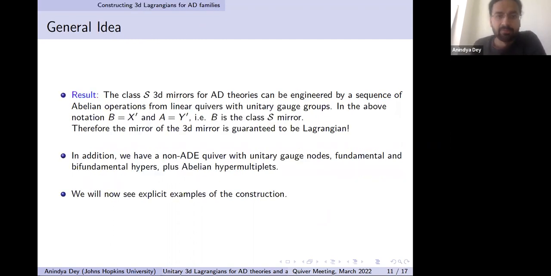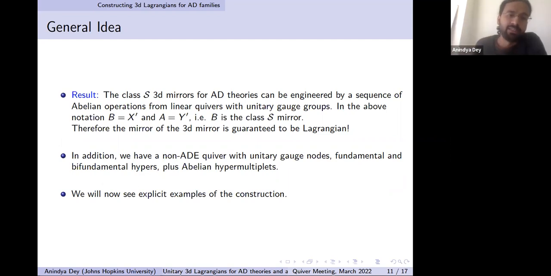So this will be the result that will basically help us to crack the problem of Argyres-Douglas theories. Now the statement is that the class S 3D mirrors, which I was discussing a few slides ago, can be engineered by a sequence of abelian S-type operations from linear quivers with unitary gauge groups.